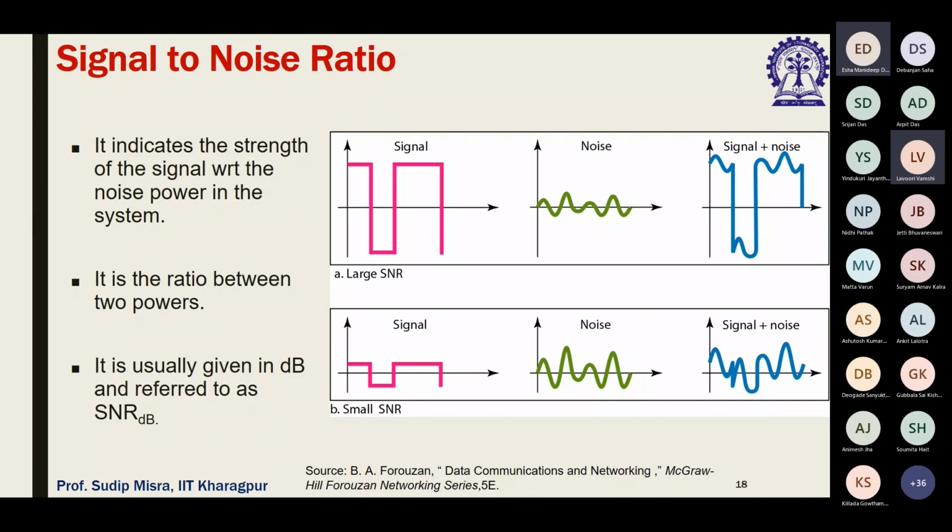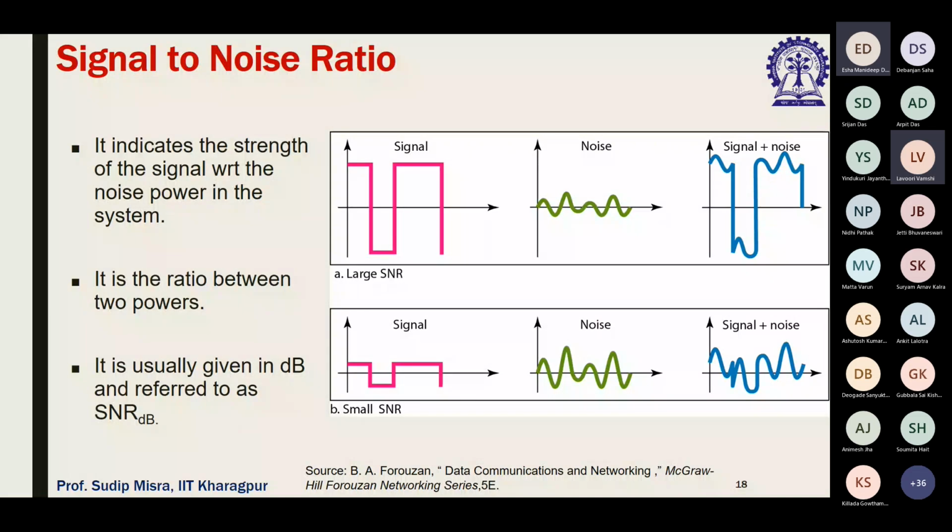The signal to noise ratio indicates the strength of the signal with respect to the strength of the power of the noise. So you see that it's a ratio between the two, the strength of the signal by the strength of the noise.